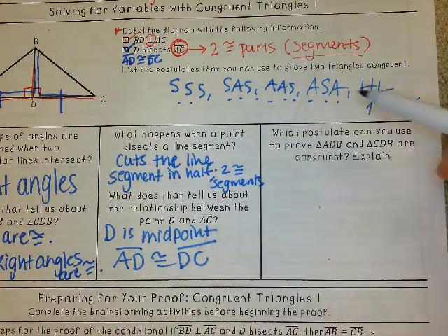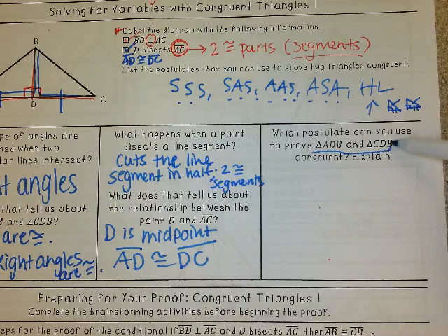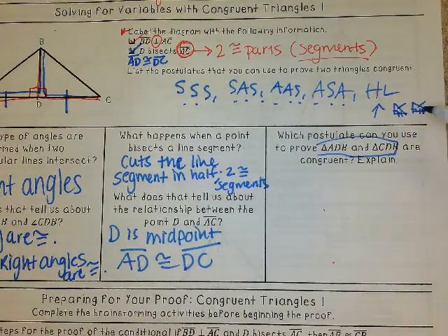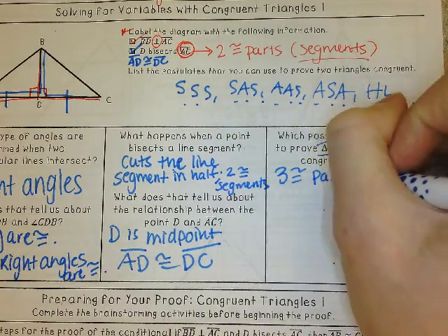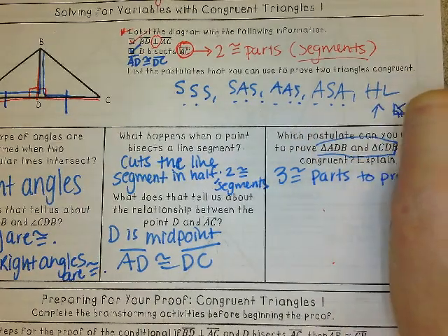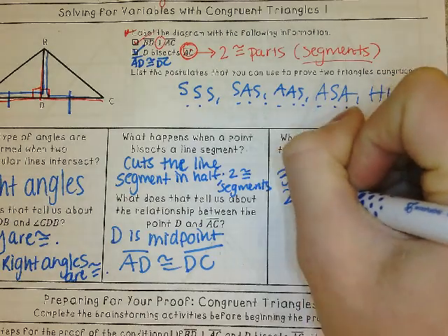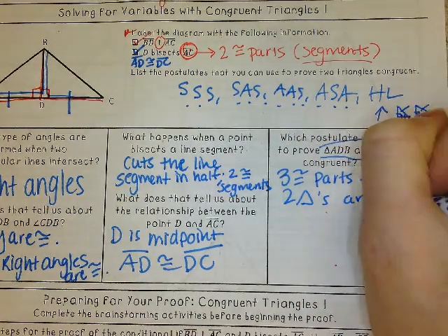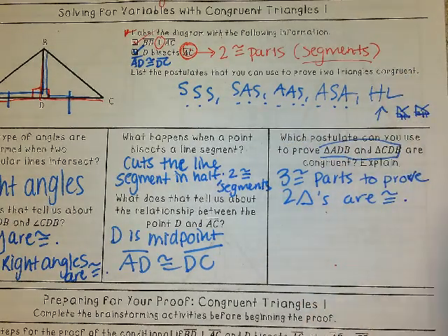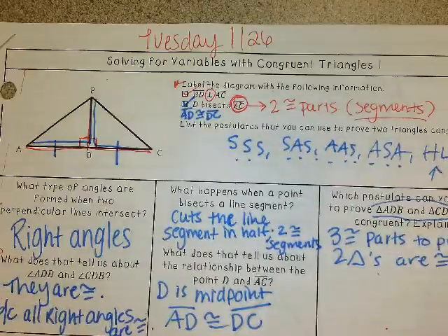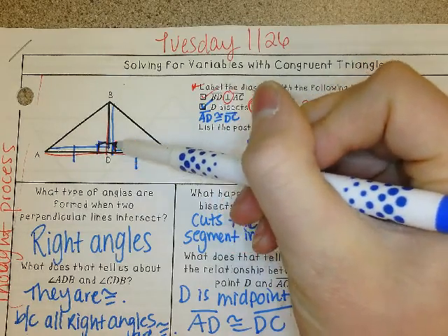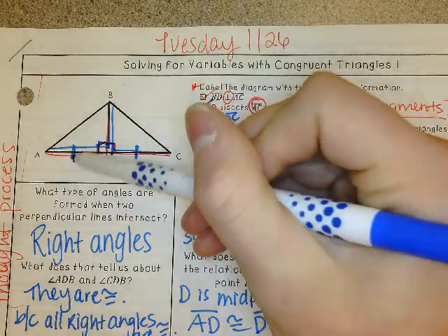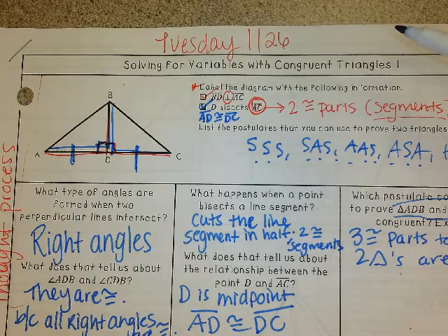So, which postulate can you use to prove that these two triangles are congruent? Remember, you need 3 congruent parts to prove 2 triangles are congruent. Right now we only have 2.